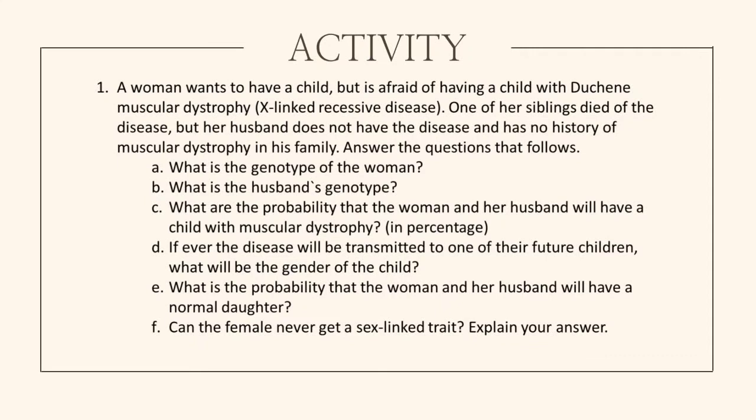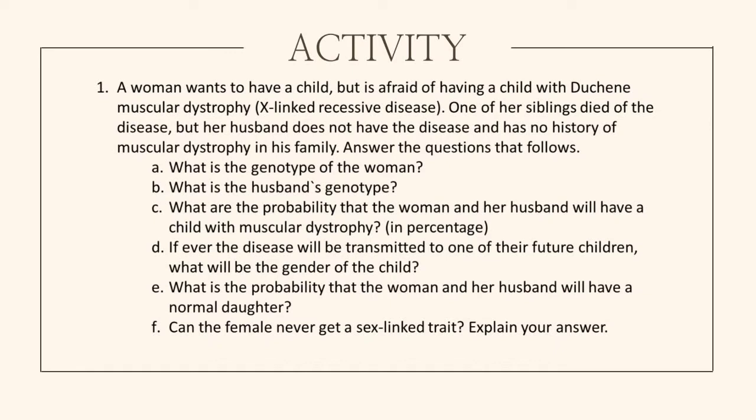Okay? So, genotype, all you need to do is identify the genotype of the mother or genotype of the women. Letter B, the genotype of the father. Okay? Pakisulat na lang din. Letter C, what are the probability that a woman and her husband will have a child with muscular dystrophy?